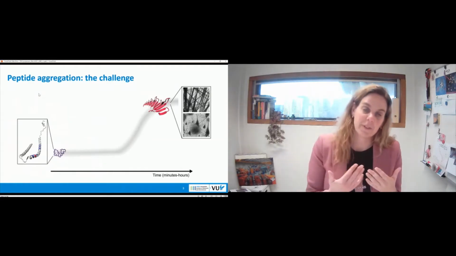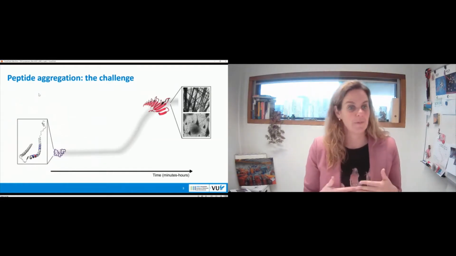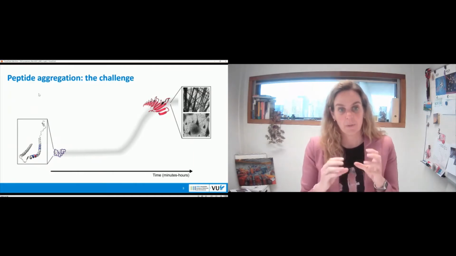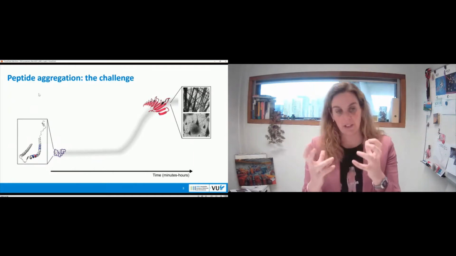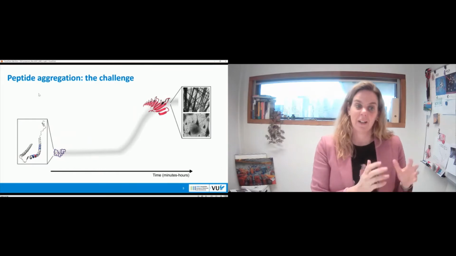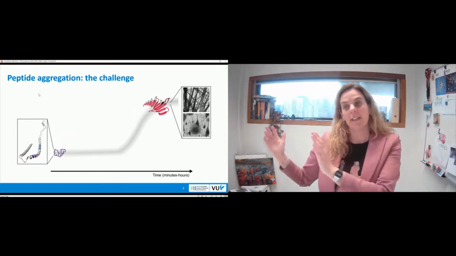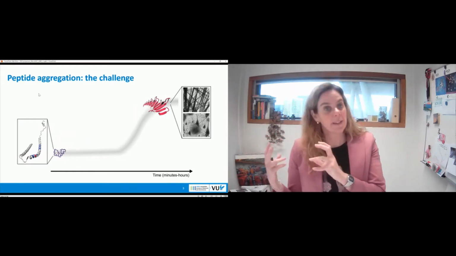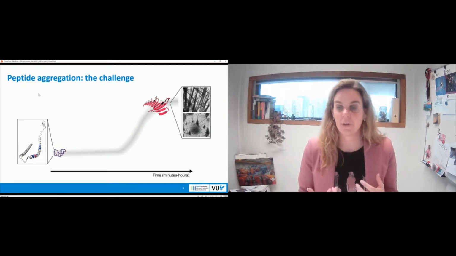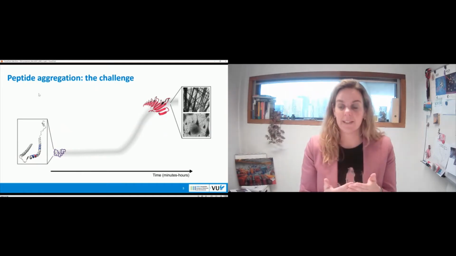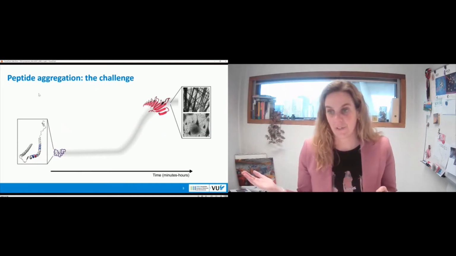The structure have been tried to elucidate, for example, by crystallography, a method that really depicts the overall structure. So that's on the one side. And on the other side, a lot is done on the final results of this aggregation. So they form plaques in our brains, as you see on this image on the right.